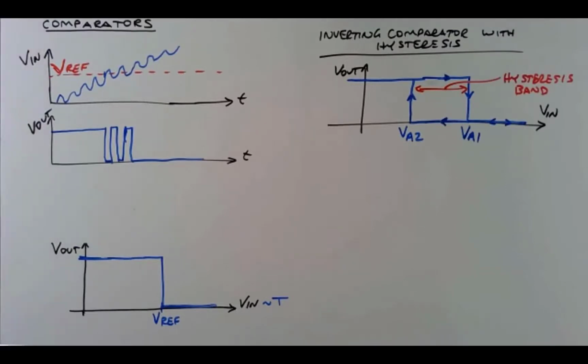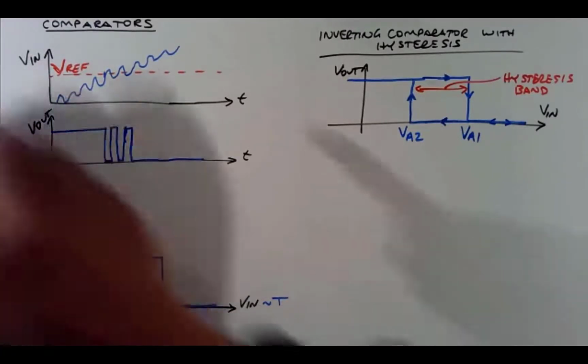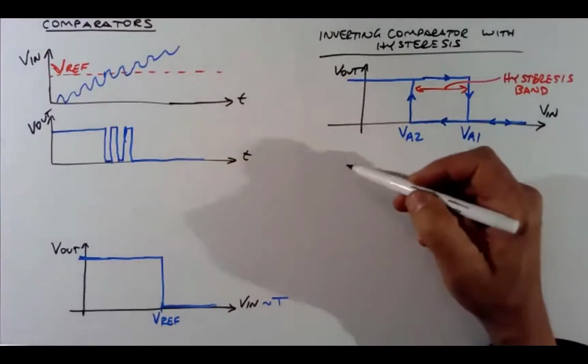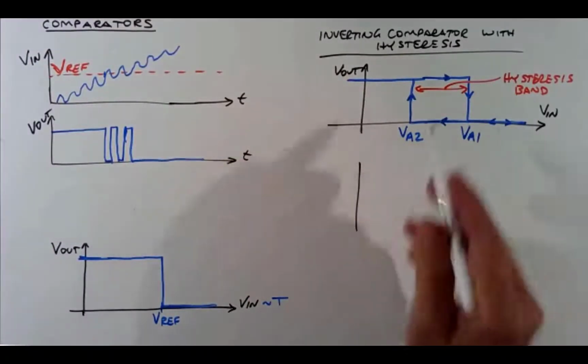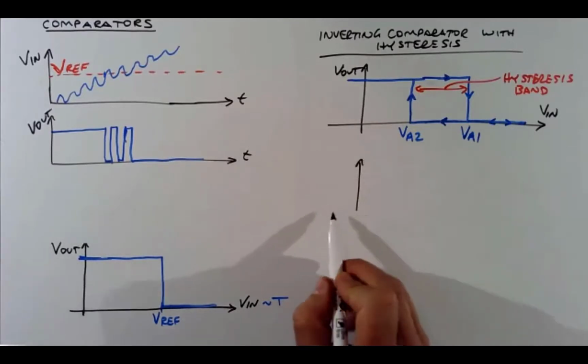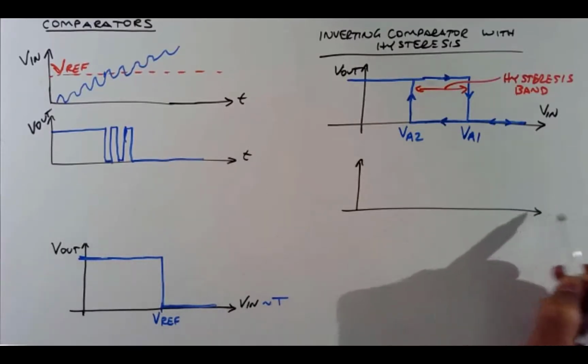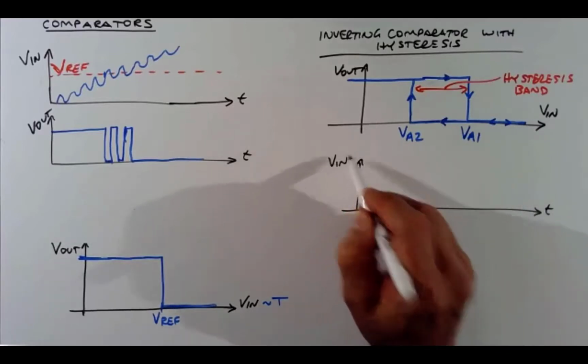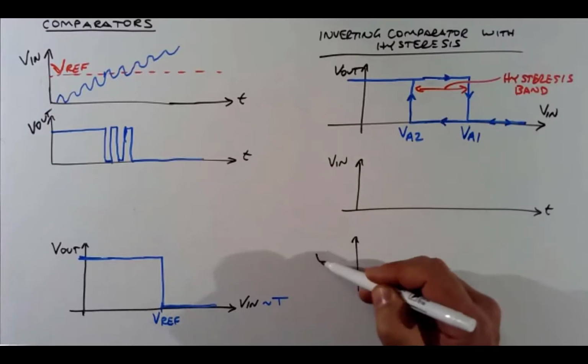Okay, so this is good, because, in fact, let me draw what this does on our circuit. We'll talk about the circuit that does this in a minute, but let's talk about how it solves our problem. This is time, this is V in, this is V out.